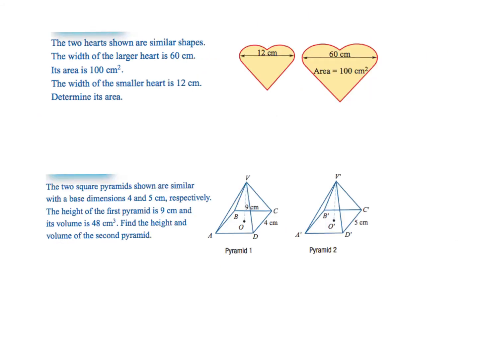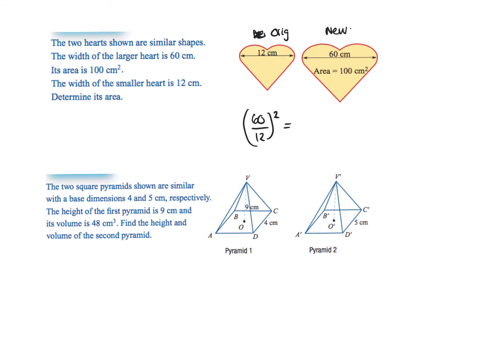So let's just keep doing a few others to show. You're going to see that they'll give you a length, and then you can find what it is. And you just got to make sure when you set it up that you've got the right dimensions the right way. So I'll say this is the original, this is the new. So I'm going to say it's 60 over 12. That would be K, but they want me to find an area, so I'm going to square it.